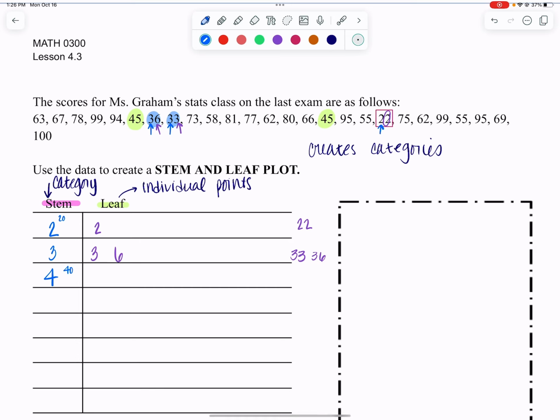That's for my 40s category. Remember, the leaves are the rightmost digits. Well, this time, both of them are 5s. So I'm going to list a 5 and then another 5. That tells me I have two 45s in my 40s category.